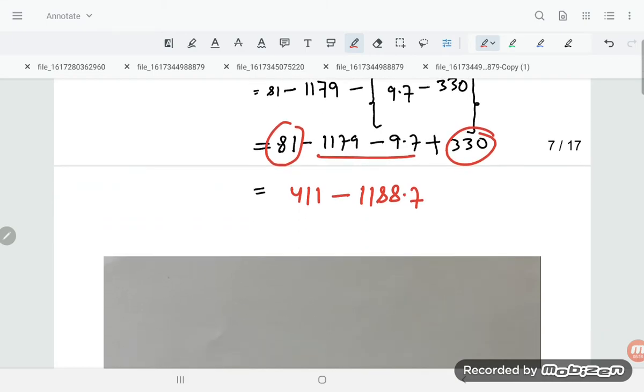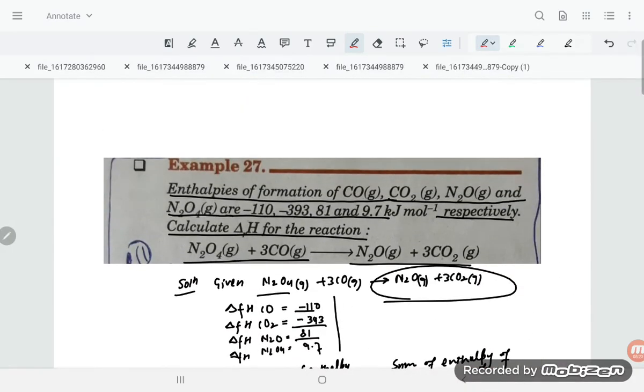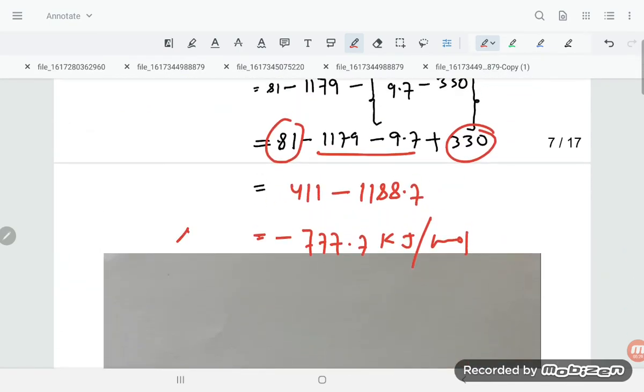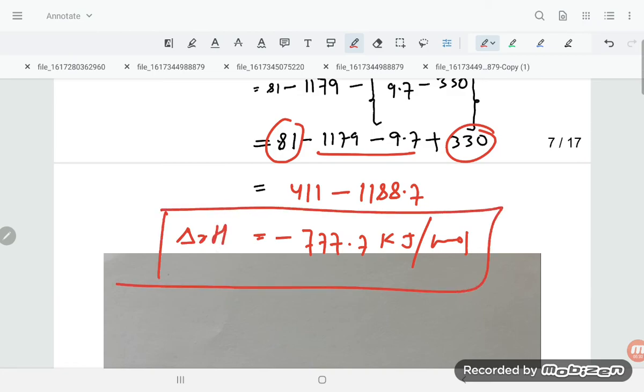Now if you solve it, the negative value is greater, so the negative sign stays, and it is coming 777.7 kilojoule per mole. Because there is only 1 mole here, all are 1 mole, so it is kilojoule per mole, otherwise you can write kilojoule. So the enthalpy of the reaction is minus 777.7 kilojoule; energy is getting released.